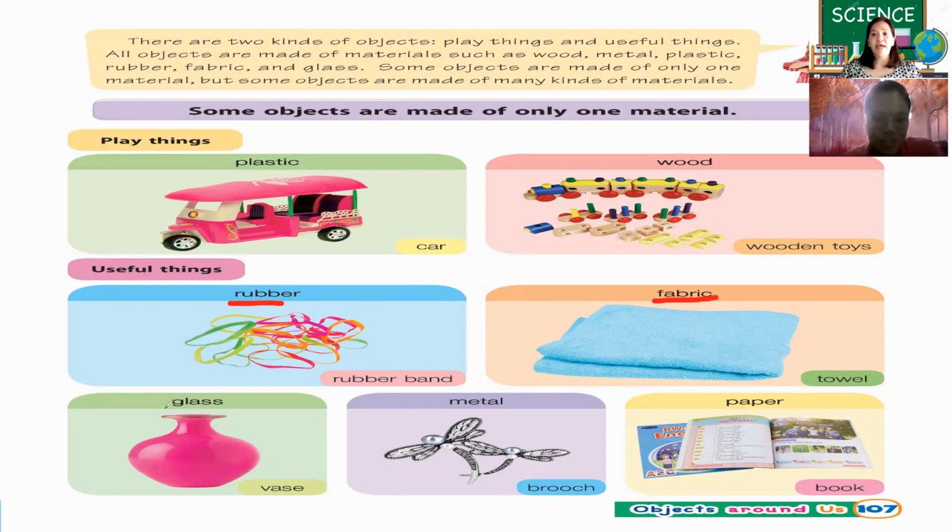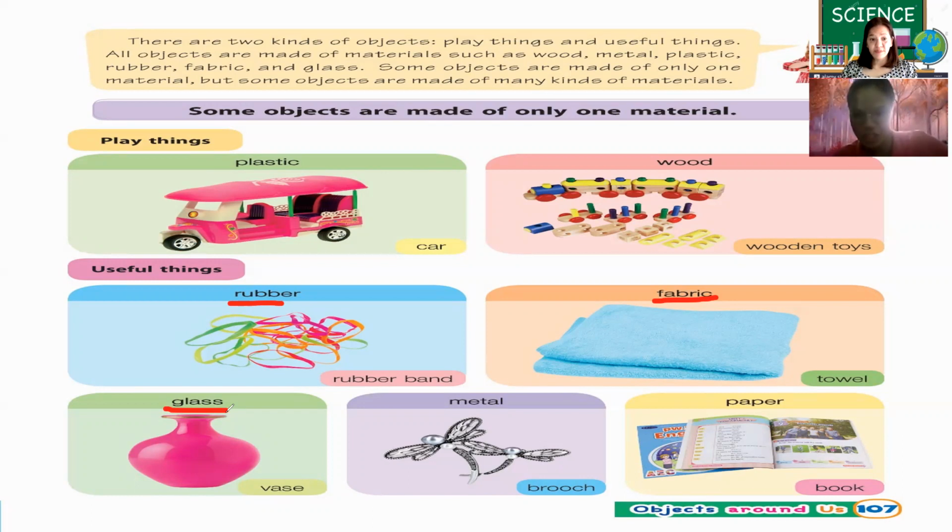Teacher, can I translate a little about rubber and fabric? Okay. Rubber means ยาง in Thai. And fabric means ผ้า, the thing we use to make clothes or a towel, made from fabric. Okay.